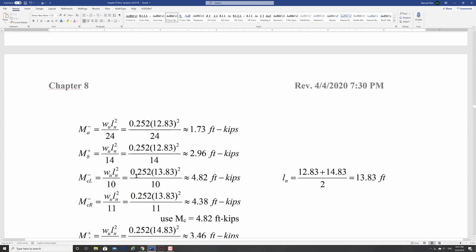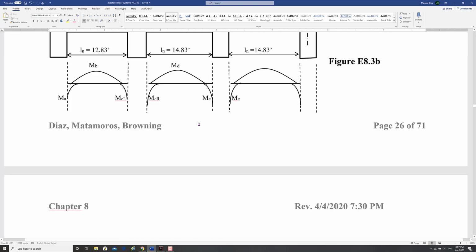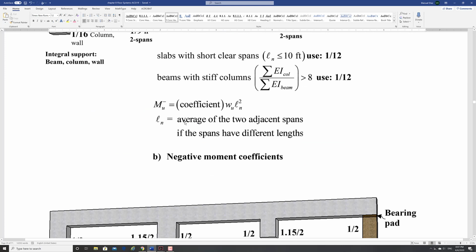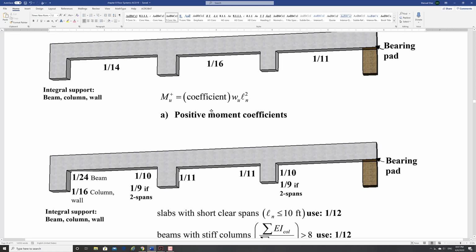Now the spans here, this span is different, right? Why? Because for negative moments, only for negative moment coefficients, ln is the average of the two adjacent spans if the spans have different lengths. Only for negative moments. There is nothing of that in the positive moments.